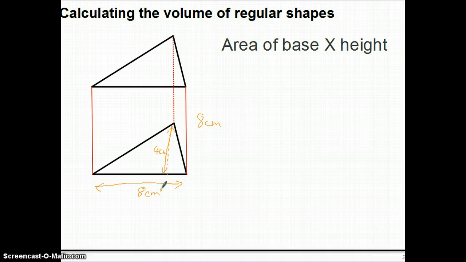So to work that out, we need the area of the base of the triangle and then multiply that by the height. So could you just pause the video and see if you can calculate that now?